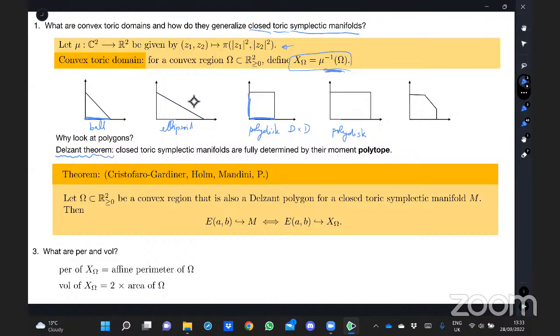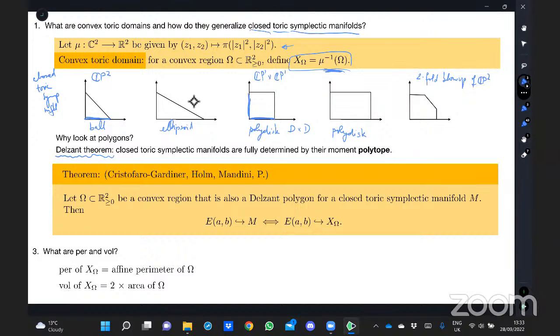So if I put up here the corresponding closed toric symplectic manifold, algebraic geometers in the room will recognize these. I'm sure you'll recognize what a ball is, but this one doesn't quite exist. This would be CP1 cross CP1. This is also CP1 cross CP1, and this would be a 2-fold blow up of CP2, the 2-point blow up of CP2.